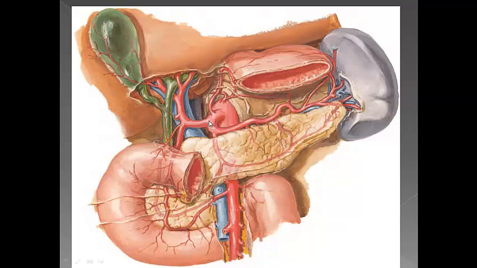All right. And then running along the upper part of the pancreas, you've got the splenic artery going towards the spleen. And then here we've got the common hepatic artery, okay, which if you follow it upwards towards the liver, you're going to notice that it splits into right and left hepatic arteries right there, okay?